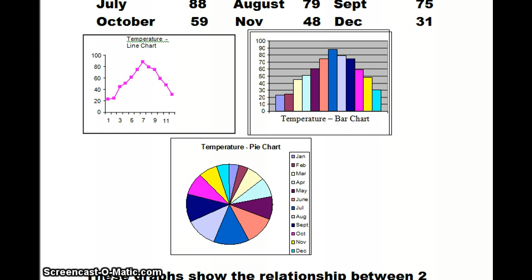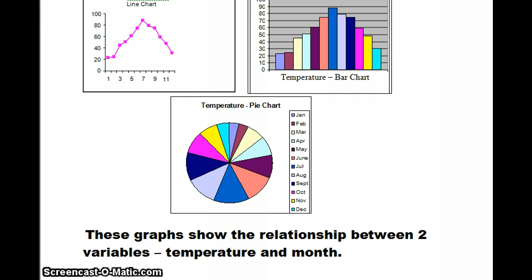So when you express one of your charts, is somebody who's colorblind going to be able to pick up on your example, like on the pie chart at the bottom, where we have the different colors and it's labeled the different months? So you might want to think about who your audience is when you're displaying your data. All of these graphs, though, show the relationship between two variables, temperature and month.